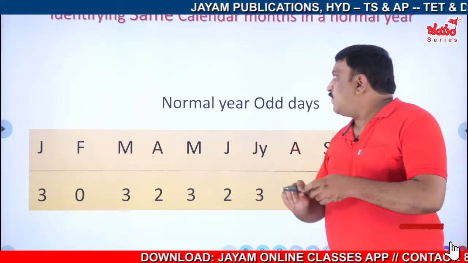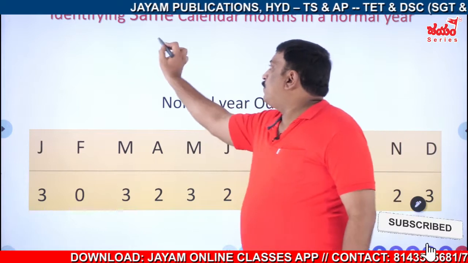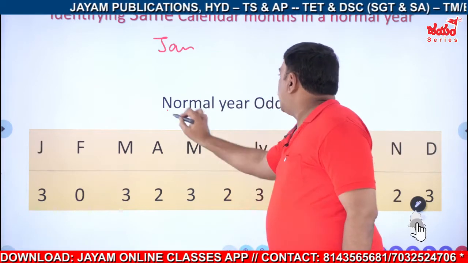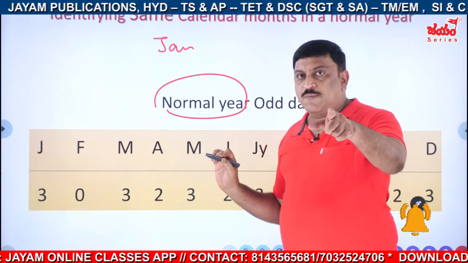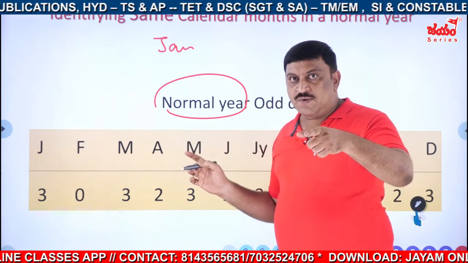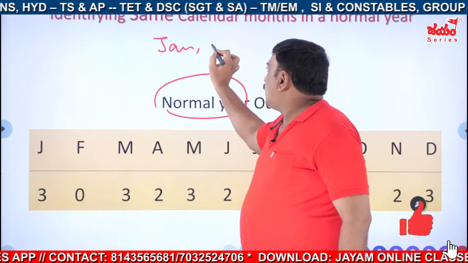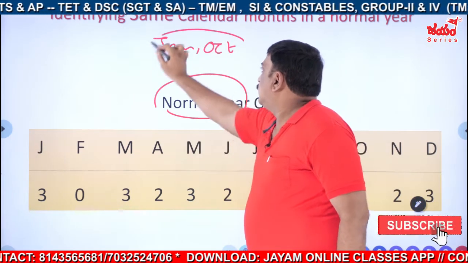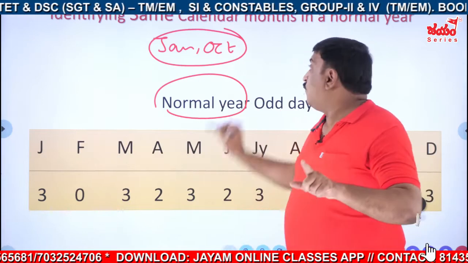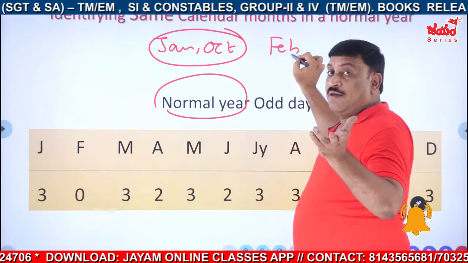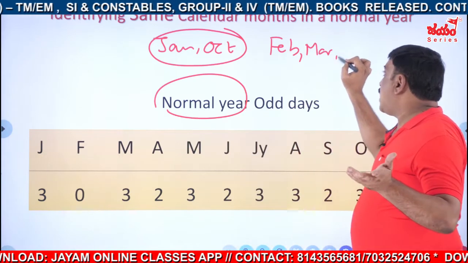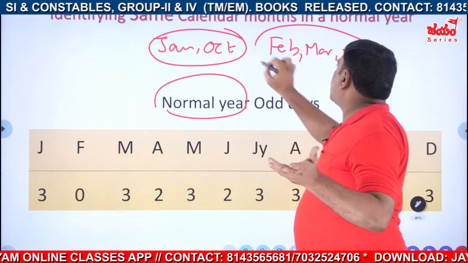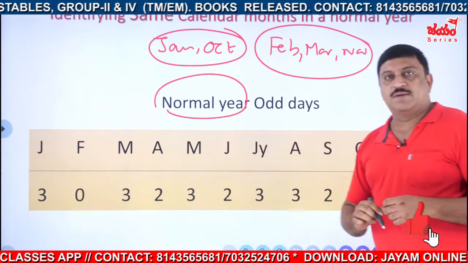January is paired with what? In a normal year, this is a normal year. January is paired with what? Previously we had done, right? Jan paired with October. February paired with February, March, and November. All these are one and the same.